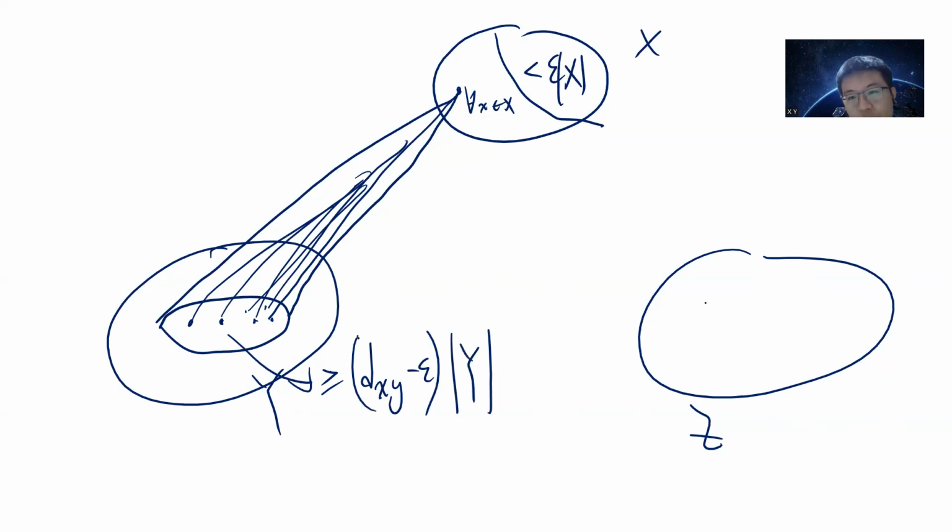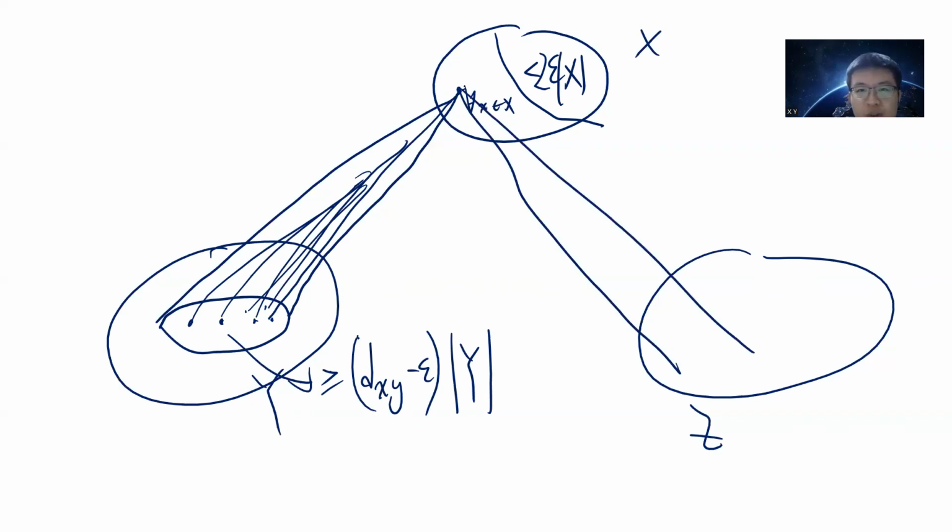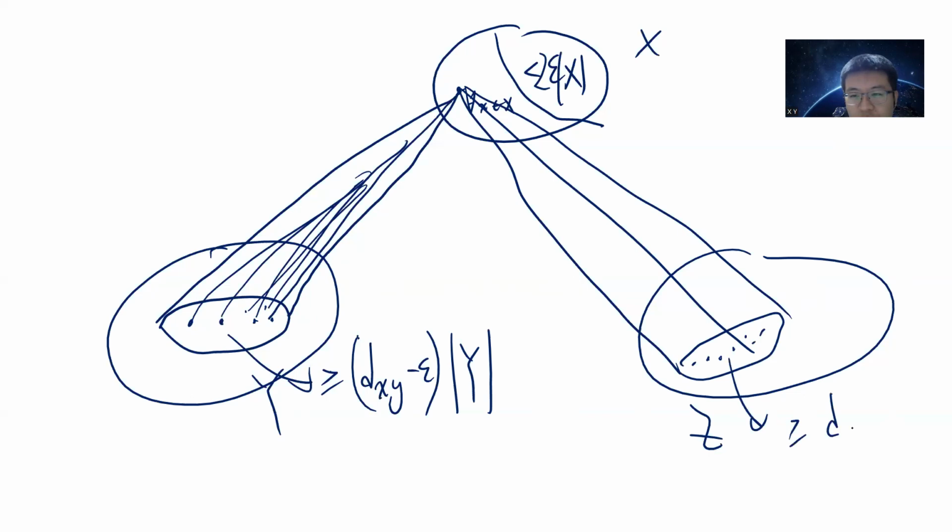For the same reason, fewer than an epsilon fraction of X has few neighbors in Z, so we can safely say that fewer than 2 epsilon |X| of these x are bad. The rest have at least (d_xz minus epsilon) |Z| neighbors in Z.